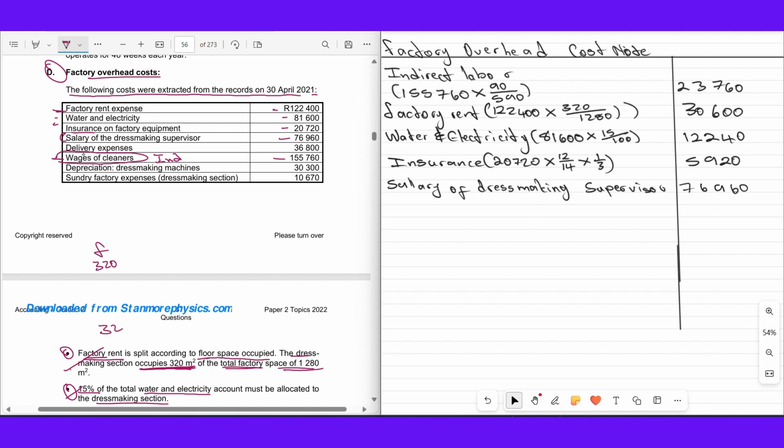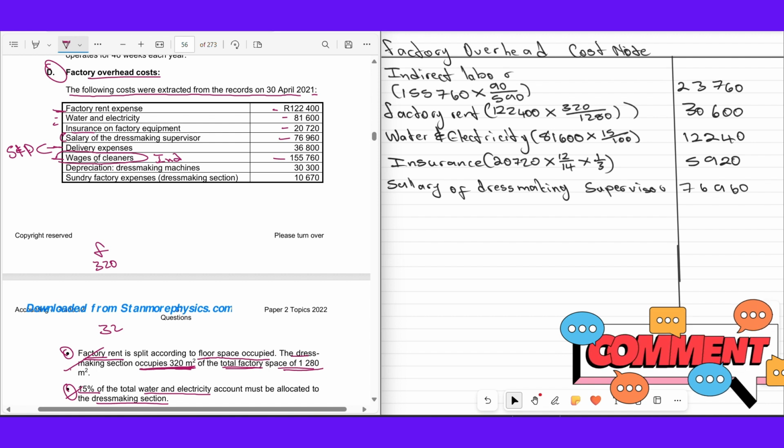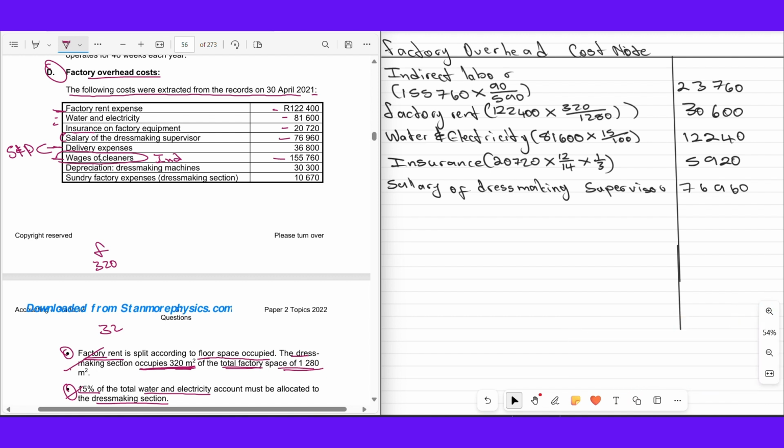Then we have delivery expense. Nope. Delivery expense is not for factory. This goes to the selling and distribution. I hope you get it. We use it because when you are selling, you also need to deliver.